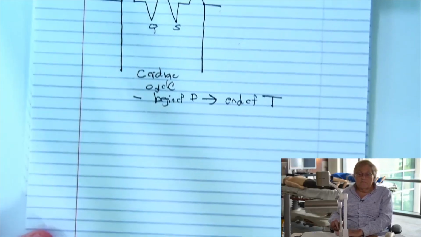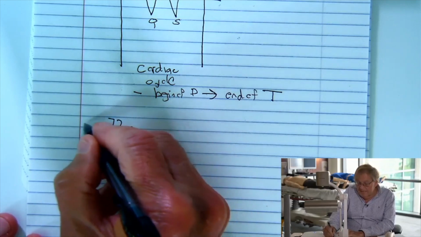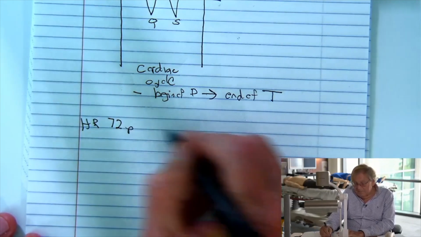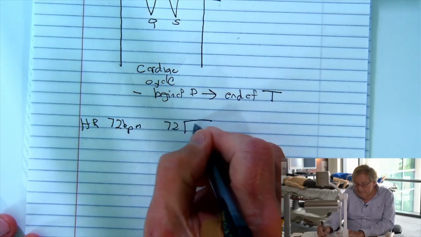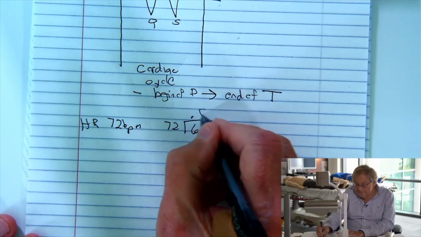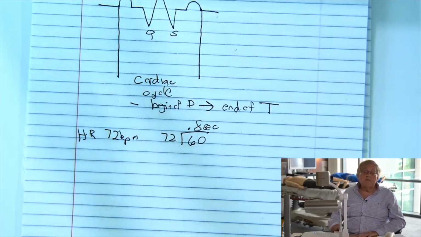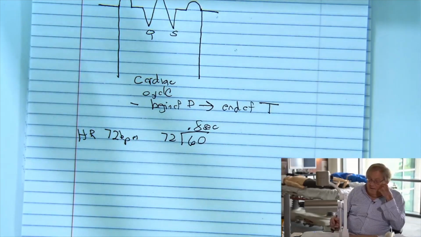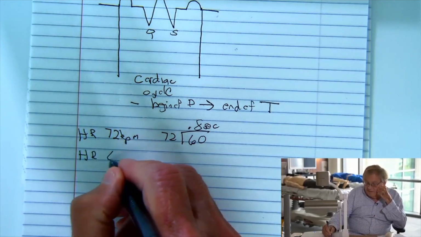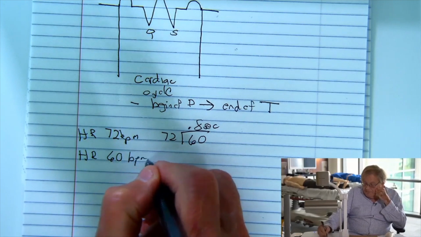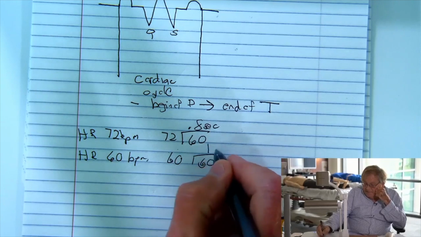And so if my heart was beating at 72 BPM, so if I have an HR, heart rate, of 72 BPM, I put 72 into 60, and it gives me every 8/10 of a second that I'd see that EKG waveform up above. If I went down and said my heart rate was 60 beats a minute, so if my HR was 60 BPM, I put 60 into 60, and that's every 1 second.